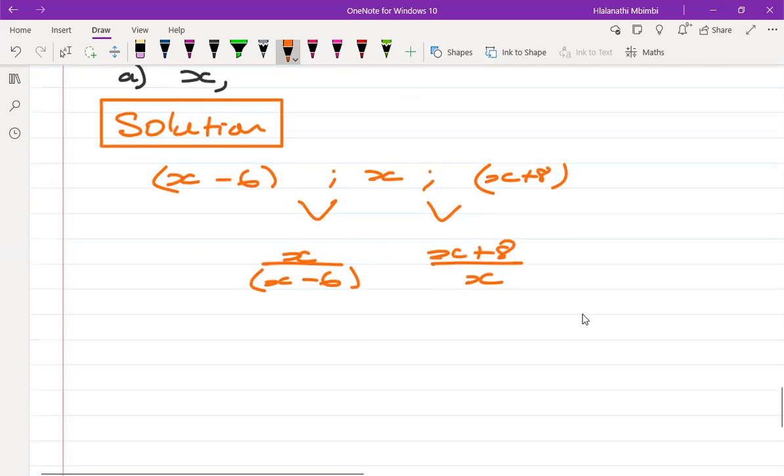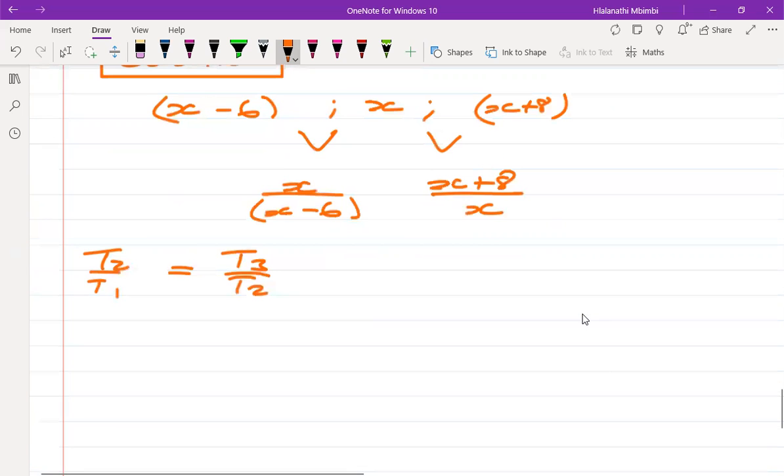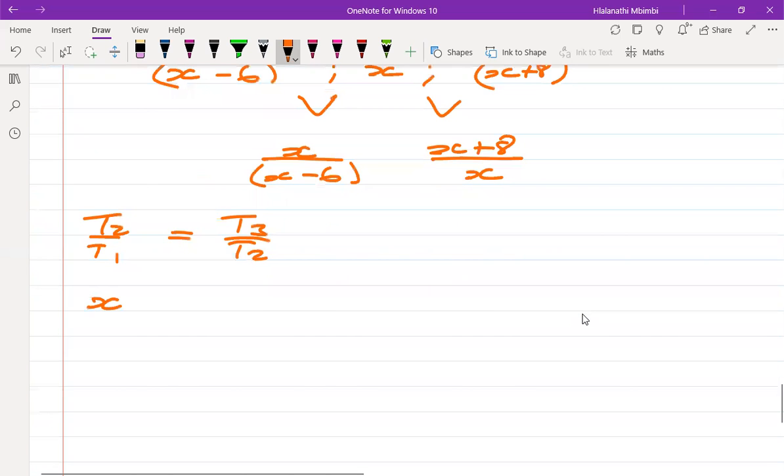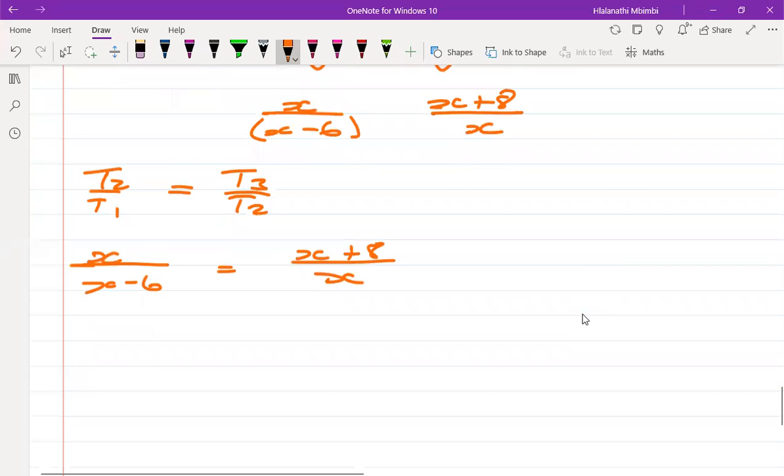But now what you've calculated there is T2 divided by T1, and if this is a geometric sequence, that must be equal to T3 divided by T2. Therefore x divided by x minus 6 is equal to x plus 8 divided by x. Then we can solve for x.